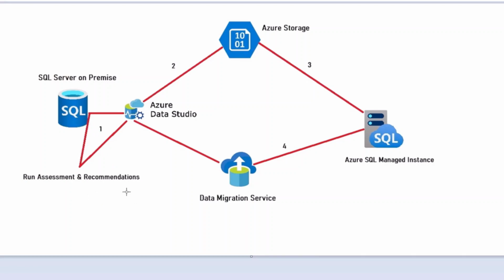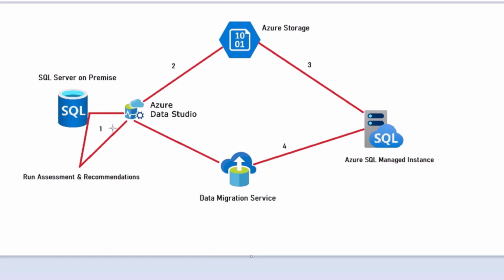Once we run the assessment, we're going to provision the SQL Managed Instance and then run a full backup from our SQL database to an Azure Storage, which we will be creating as well. Once we do that, we're going to do a restore of our databases to our SQL Managed Instance.